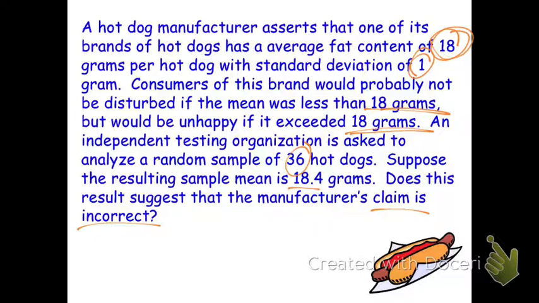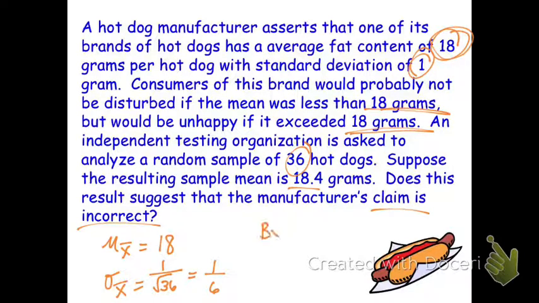So the first thing we want to do is find the mean, standard deviation, and decide if it's normal or not. The standard deviation is 1 over the square root of 36, which is just 1/6. And is it normal?